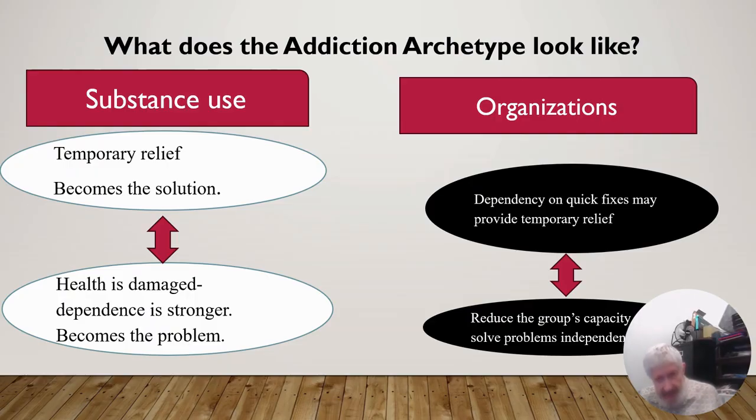In organizations, again, the dependency is on quick fixes, but it reduces the group's capacity to solve problems independently. So the addiction archetype is self-reinforcing. The more you rely on the quick fixes, the harder it is to break free and address the core problems.